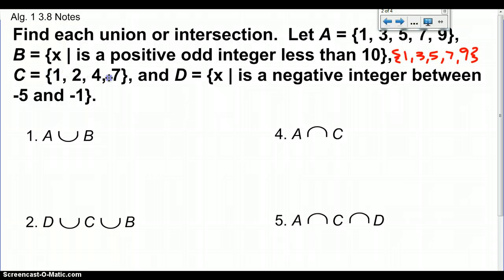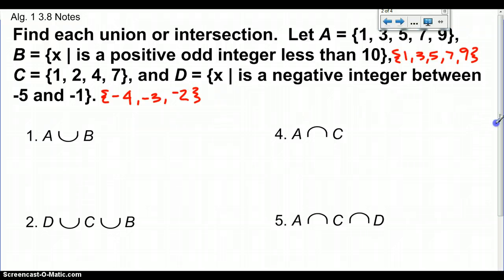C is 1, 2, 4, and 7. And D is a negative integer between -5 and -1. So let's write those. Between, so it does not equal -5 and -1. Starting at -4, -3, -2. Always go from the smallest to the largest.